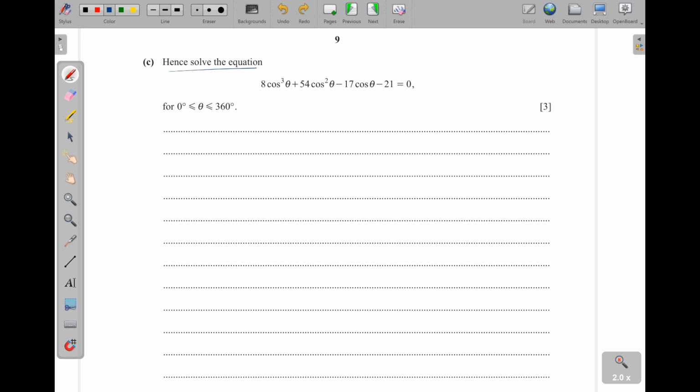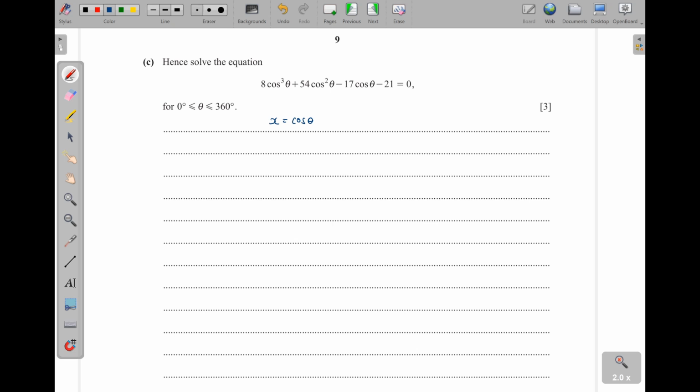Then part C, hence solve the equation, this one here. Now it is trigonometric. But if you compare with the other one that we have had, it is just where x is replaced by the cosine of x. So x is equal to the cosine of theta, okay?